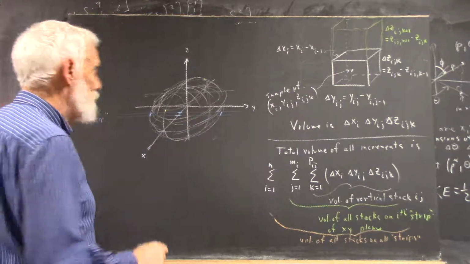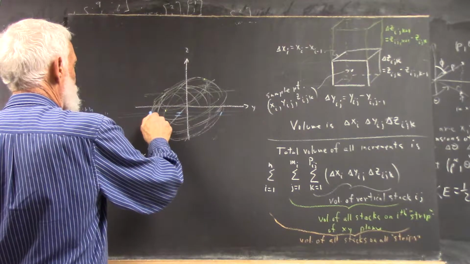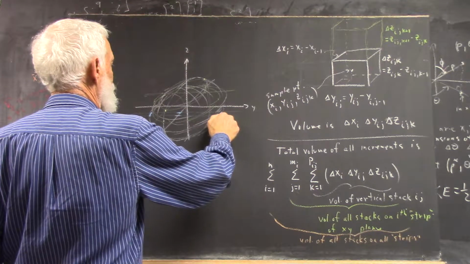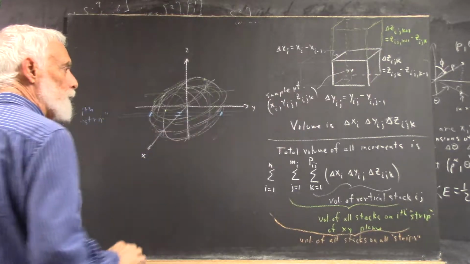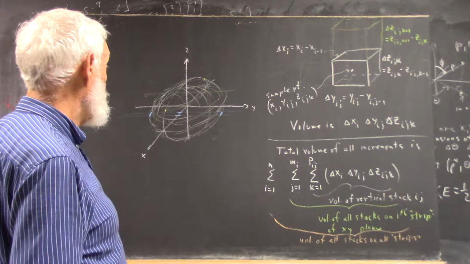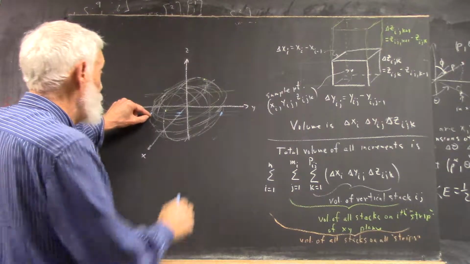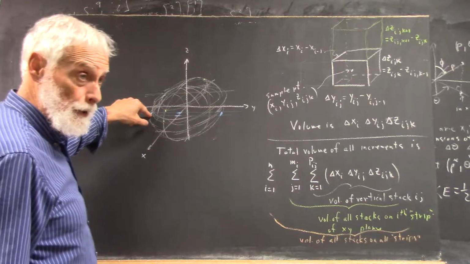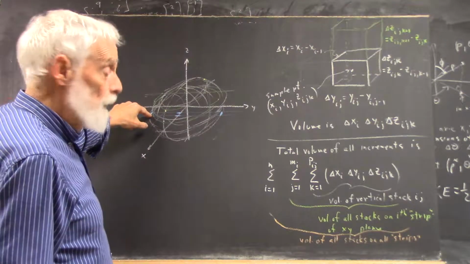It actually ends with the first cube and the last cube in the XY plane. So now we're confined just to this rectangular region of the XY plane, okay?